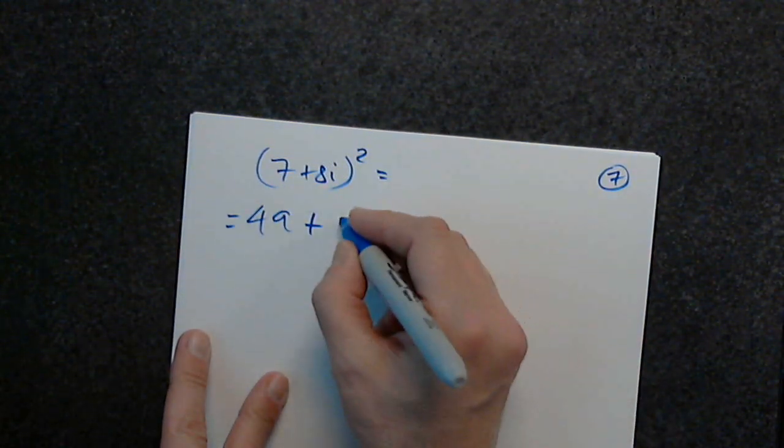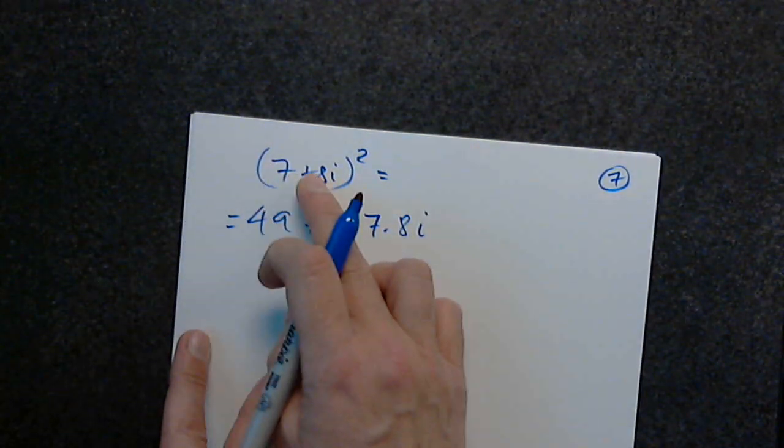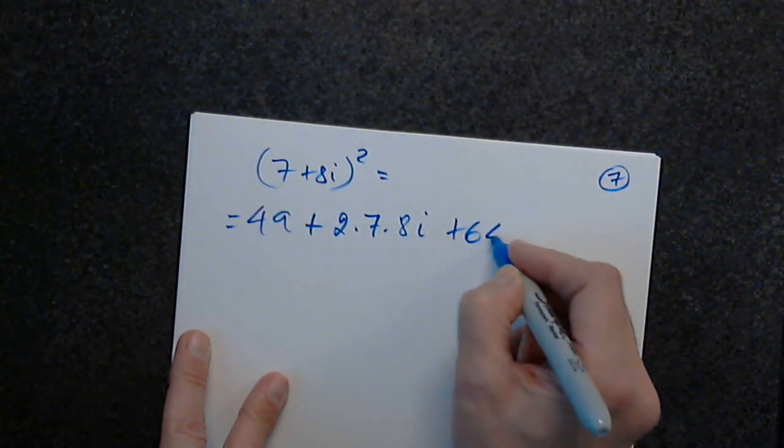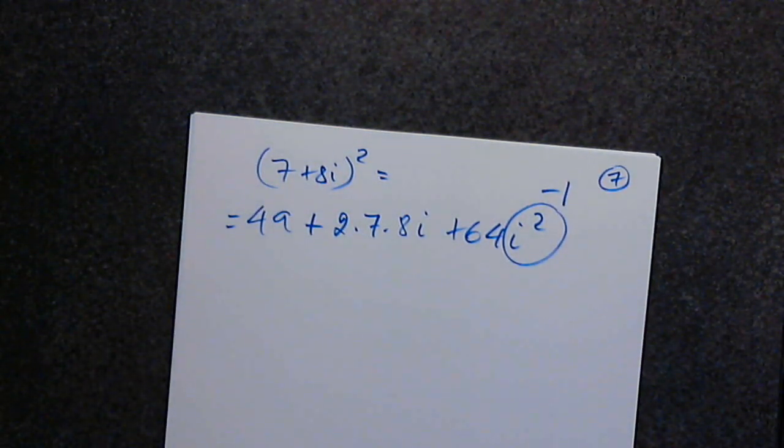If you need time to calculate, just write it like this first. 2 times 7 times 8i and plus 64i squared, which needs to be replaced by -1. So how much is 14 times 8? I got 112.